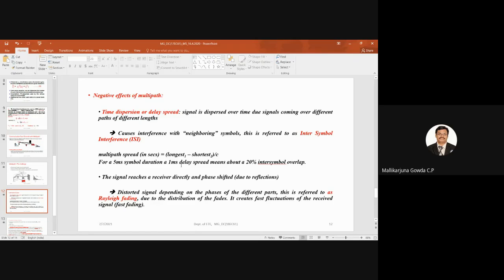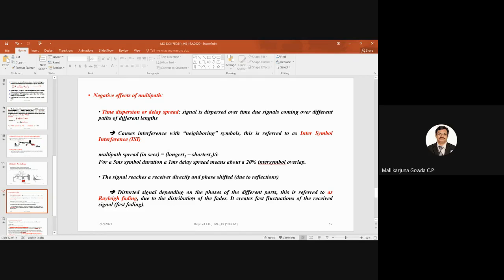The signal reaches the receiver directly, and there will be phase shift also due to reflections. The distorted signal, depending on the phases of different parts, we refer to as Rayleigh fading.